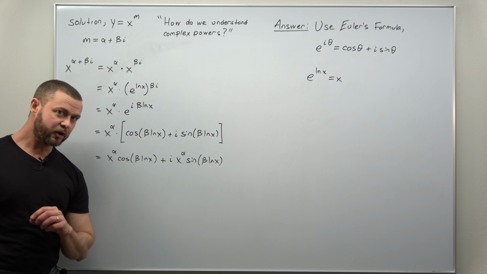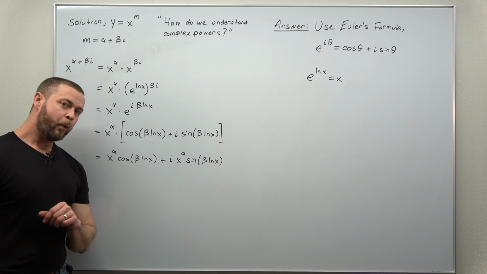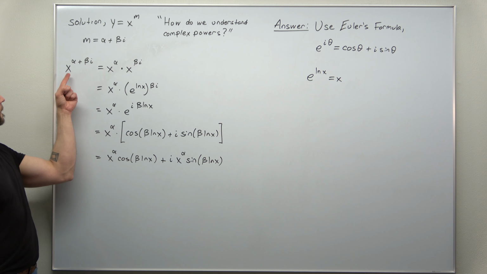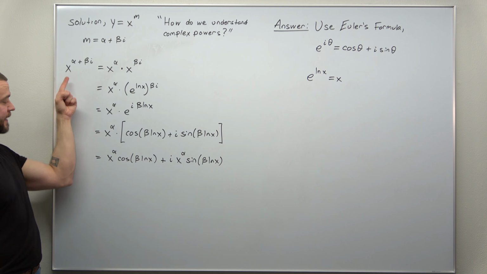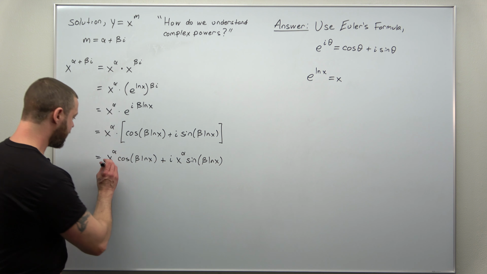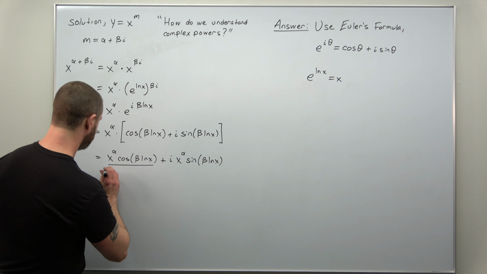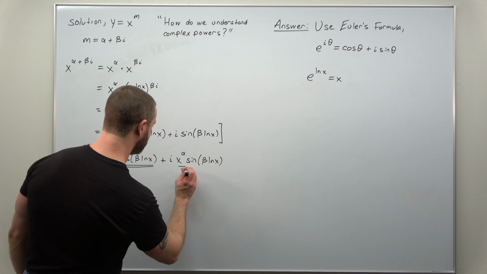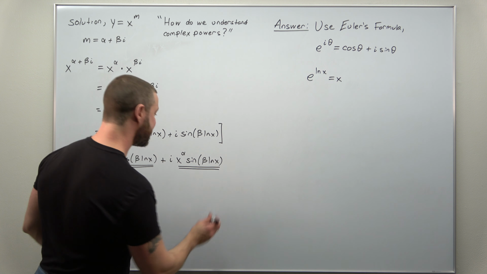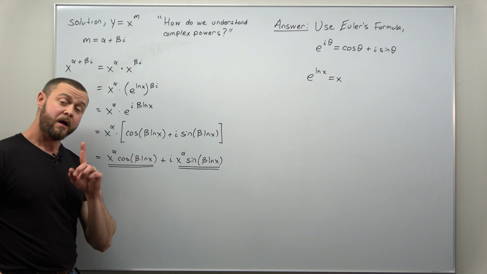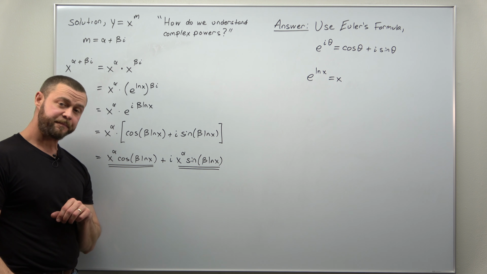And that's as far as we're going to take it. What we've done is converted a complex power of x to a linear combination of this power of x multiplied by a sine or cosine of beta natural log of x.